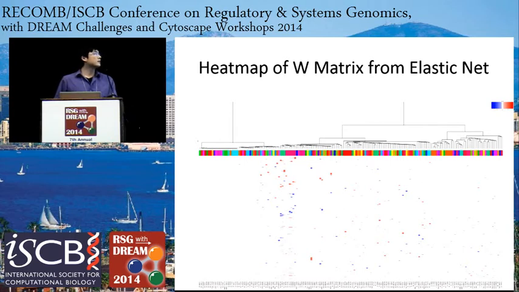Here we can see again the clustering is really flat, and drugs having the same target in general do not cluster together. Also, there's no clustering of genes at all because in ElasticNet each drug is trained separately, and so they all live in different spaces.